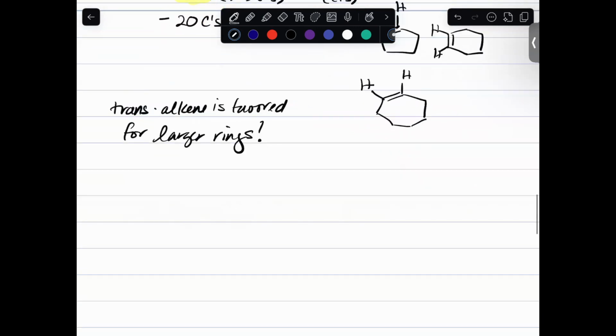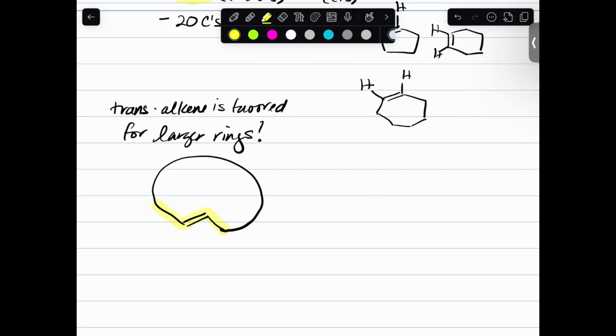And that's because when you've got 20 carbons, 10 carbons, you can actually move your ring around so that you've got a stable trans geometry within your ring, right? So your ring is so huge that that double bond sort of gets lost in that ring.